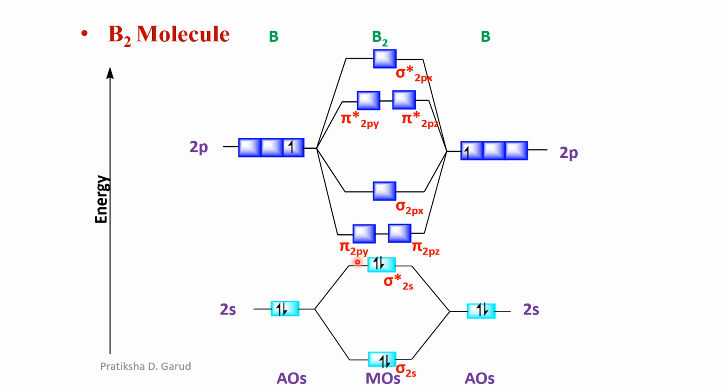Now these 2 electrons are filled according to Hund's rule of maximum multiplicity. So the first electron goes into the pi 2py orbital and the next electron goes into the pi 2pz orbital. That means we are having the 2 electrons with parallel spin. Hence they are filled according to Hund's rule of maximum multiplicity. So this is the MO energy level diagram for the B2 molecule.